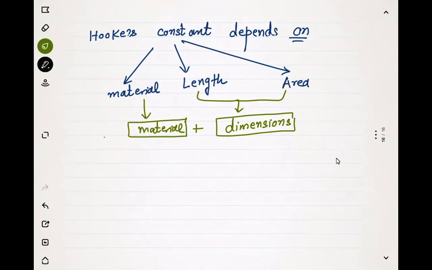The difference between Hooke's constant and Young modulus is that Young modulus describes the same thing.